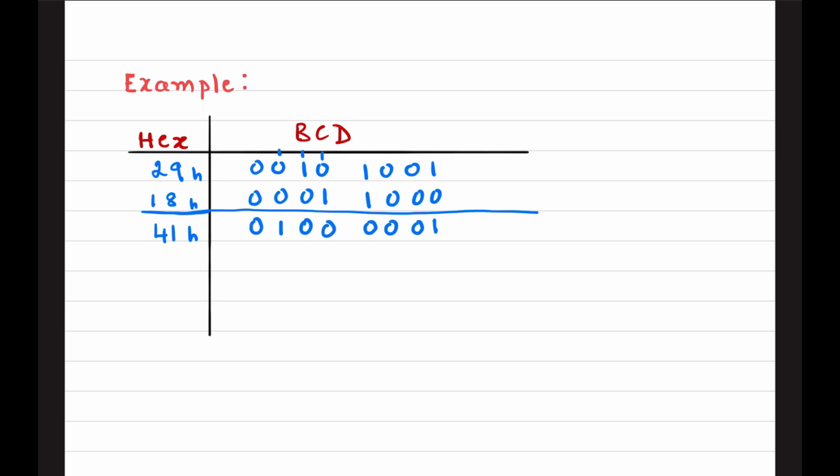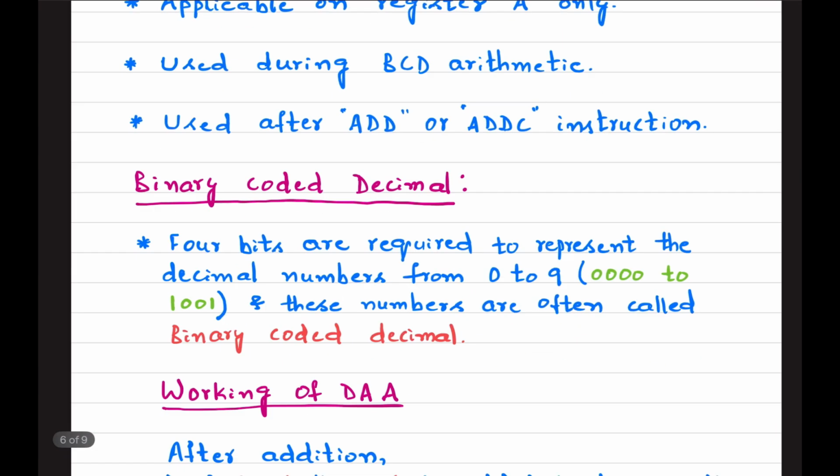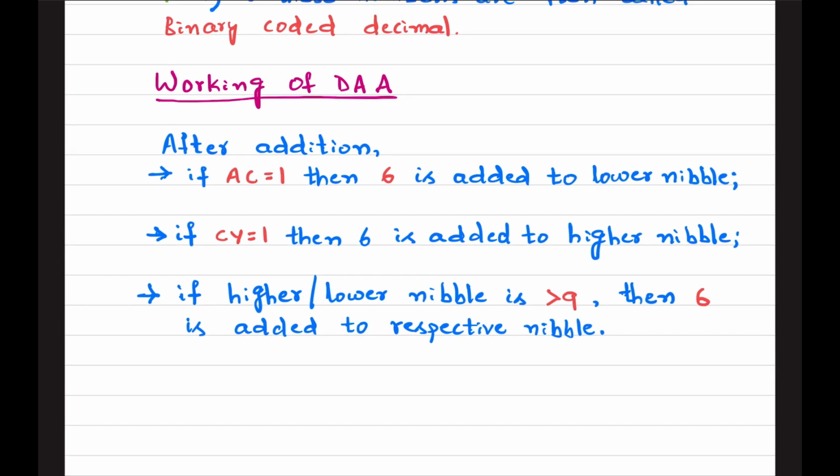Here we can observe that a carry has been generated from position 3 to position 4. It indicates the auxiliary carry flag is equal to 1 in this case. As per the procedure we went through, if the auxiliary carry flag is equal to 1, then add 6 to the lower nibble.